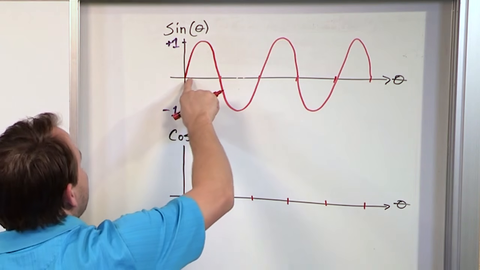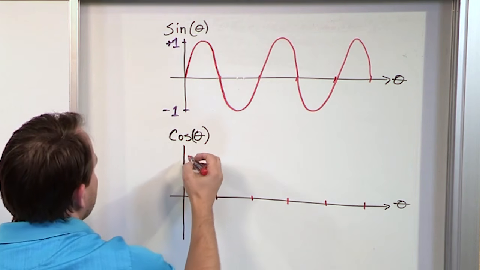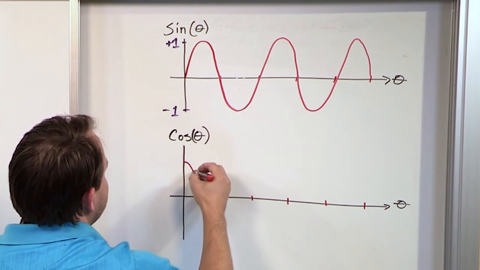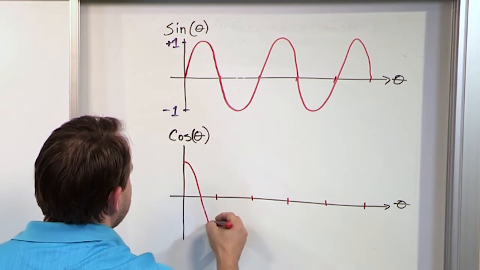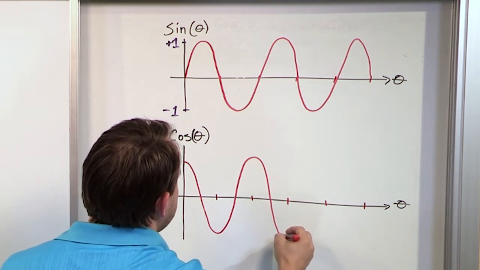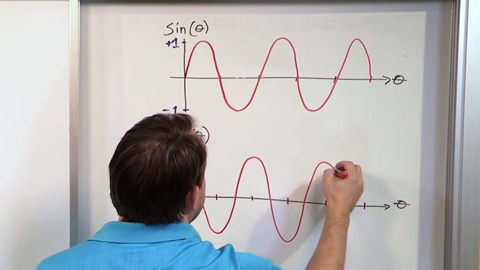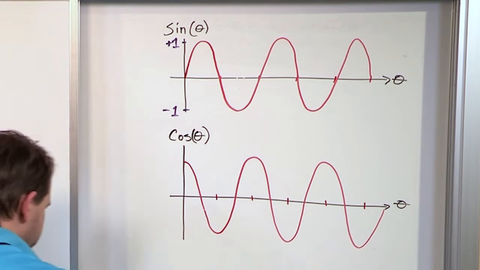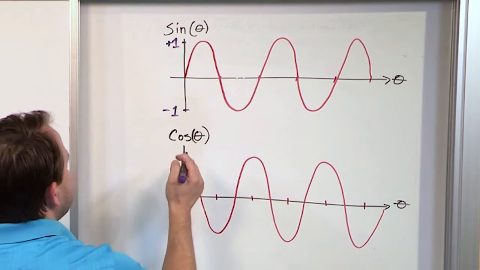Cosines do not start at the origin. Cosines start right here. So if you had to do that, cosine would come down here like this, and then it would be up like that, reach a peak like that. Okay, something like that.